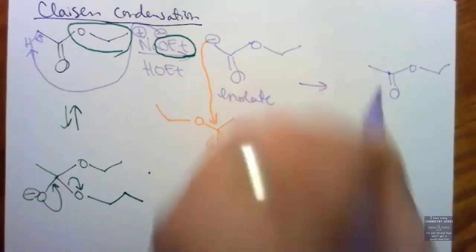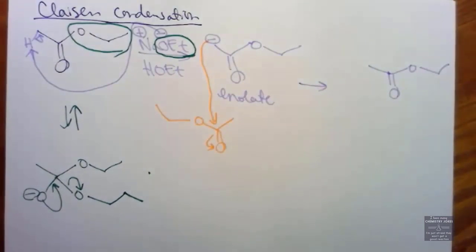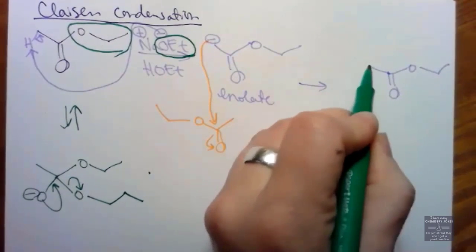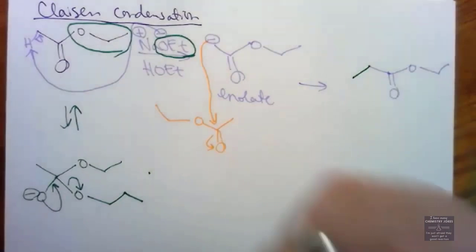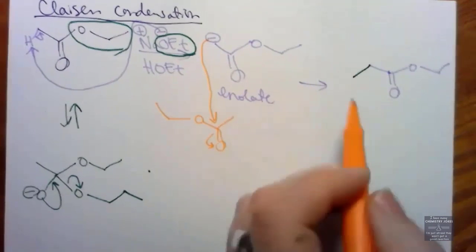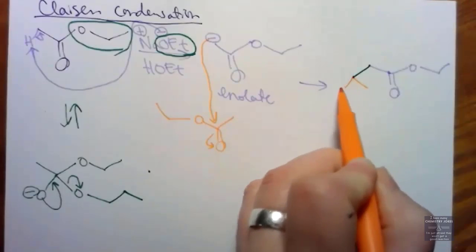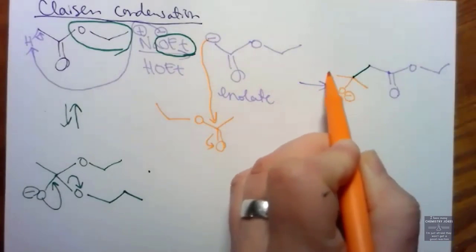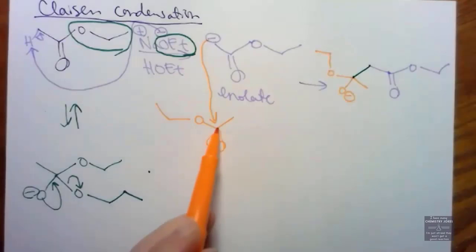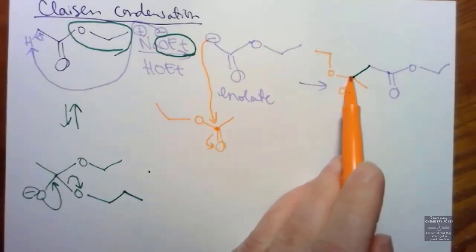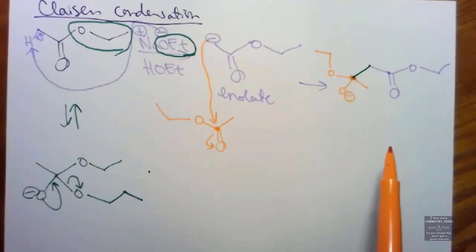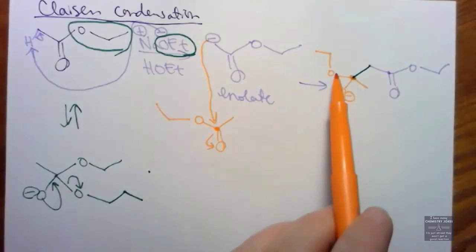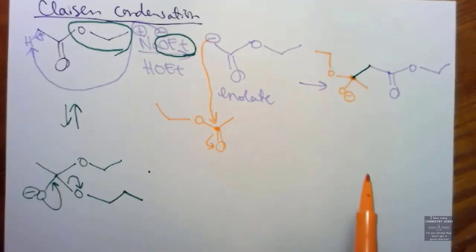I wish this were a little more spread out, but we're going to make do. That green bond is my new bond, and this carbon is this carbon. So you should have an O minus, O ethyl leg, and a methyl carbon on that one.